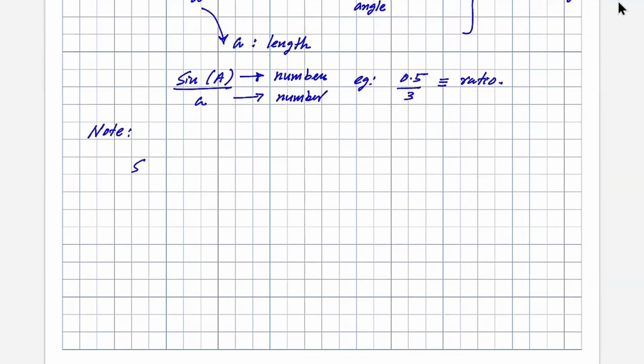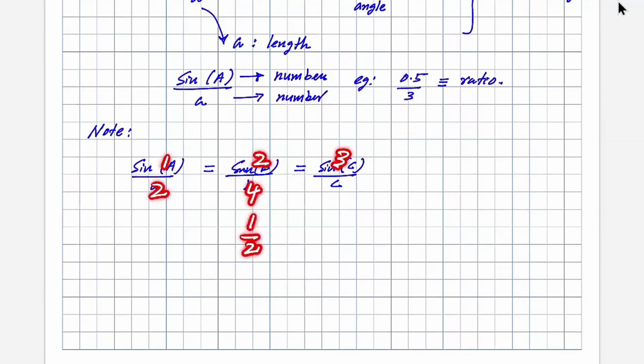Now I'm going to extend this knowledge. We understood that sin A divided by a, sin B divided by b, sin C divided by c is a ratio. A ratio is like 1 divided by 2. If you write 2 divided by 4, still it is 1 divided by 2.